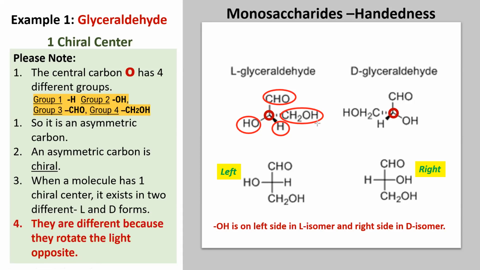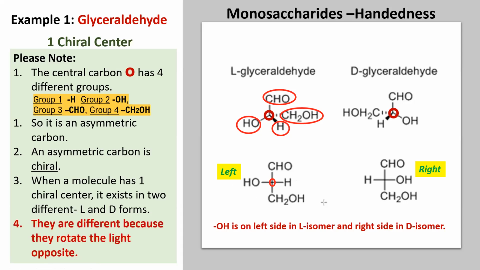We earlier came to an understanding that if a carbon, this carbon right here, has 4 different groups, it's going to be chiral. Why? Because they are going to be mirror images, but they're not superimposable. Now you may ask, do the L form and D form really do something in nature?